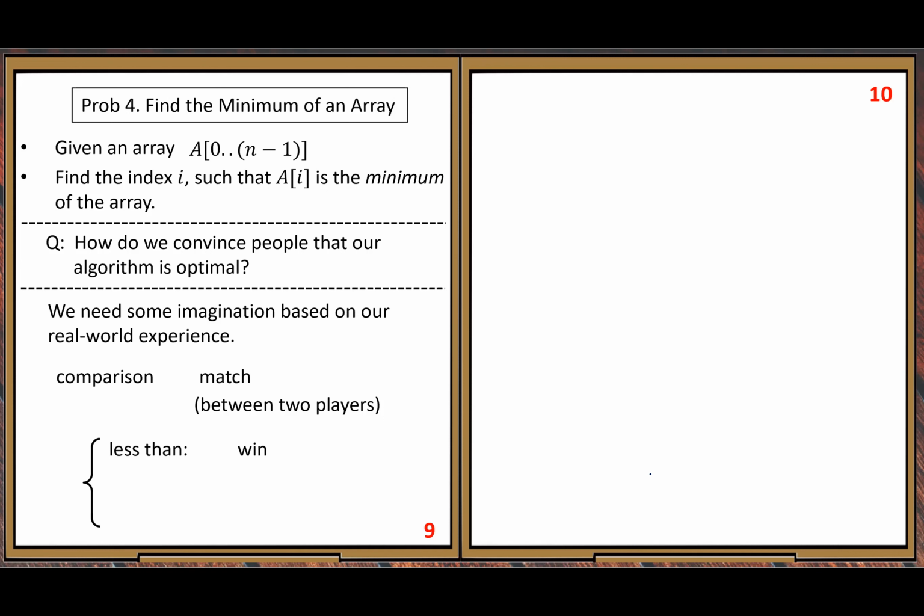So when we have this less than relationship, the element that is less than the other one is the winner, and that player gets a win.